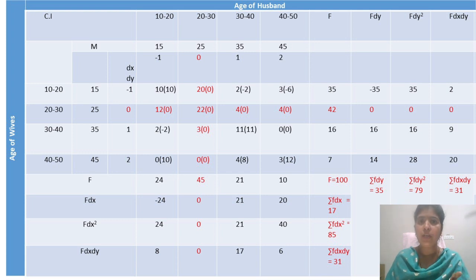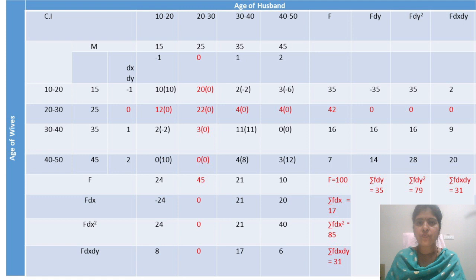Now 10 plus minus 8. In the 10 to 20 row, 10 in bracket it is 10, 20 in bracket it is 0, 2 in bracket it is minus 2, 3 in bracket it is minus 6. Now what we got? 2. So last column is 2, 0, 9, 20, total 31.